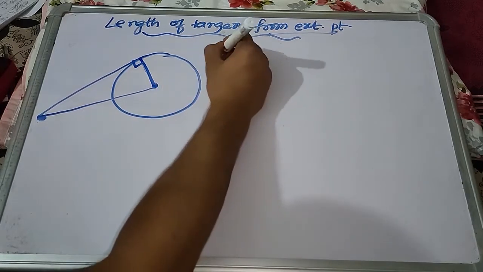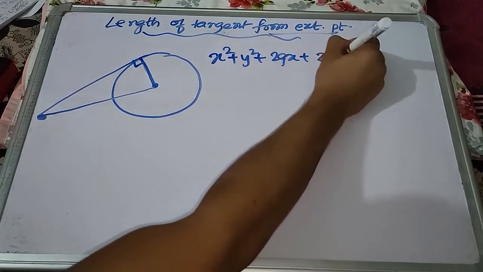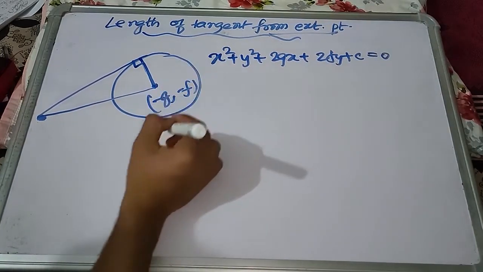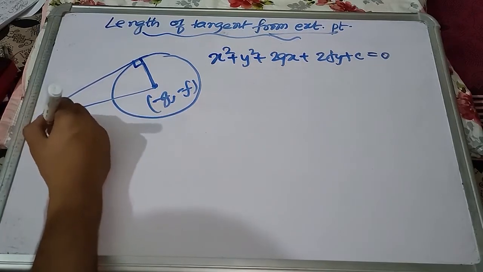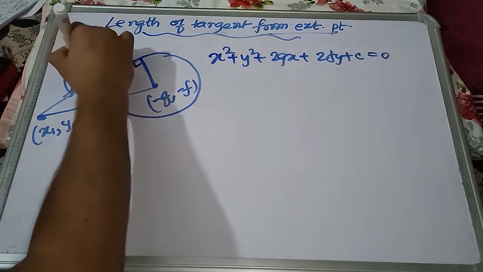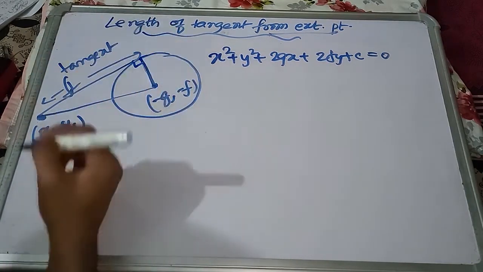Now let your circle be the standard circle x square plus y square plus 2gx plus 2fy plus c equals 0, and this is the center, minus g comma minus f. I'm not explaining how because I already did it a few times. This is your tangent and this is the length you actually want.